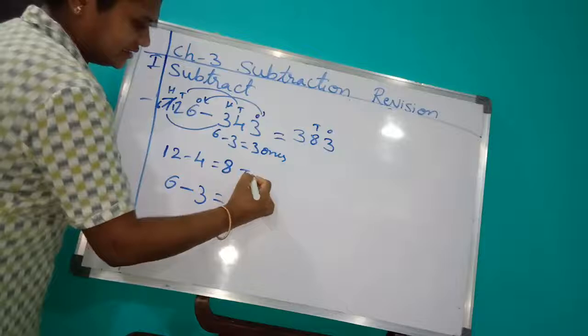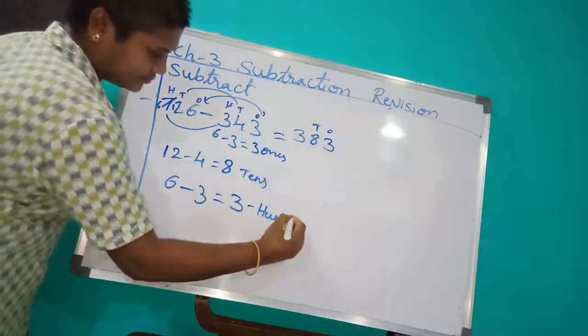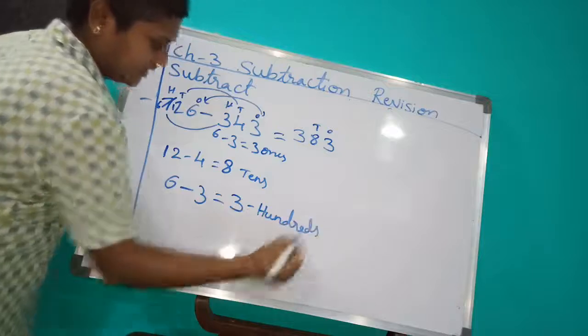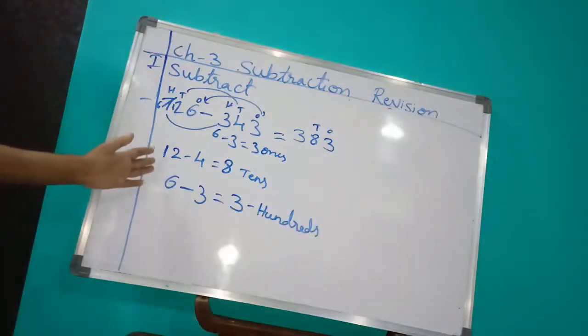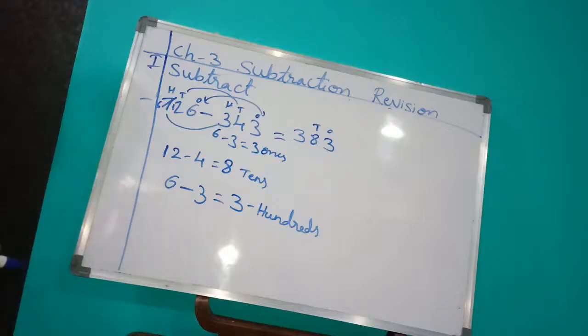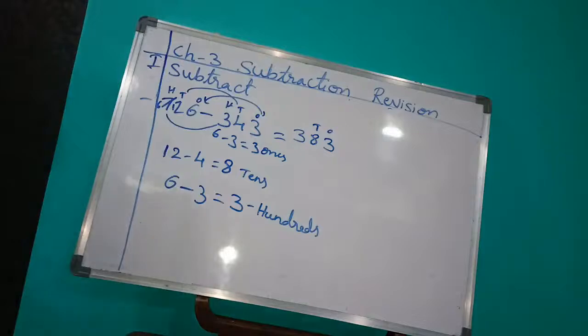This is 10's. This is 100's. So, what did we do here? We did subtraction here. Did you understand, children, what we did? This is easy to do. Okay.